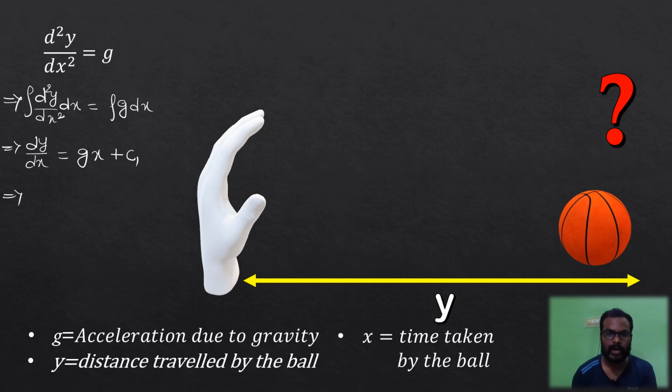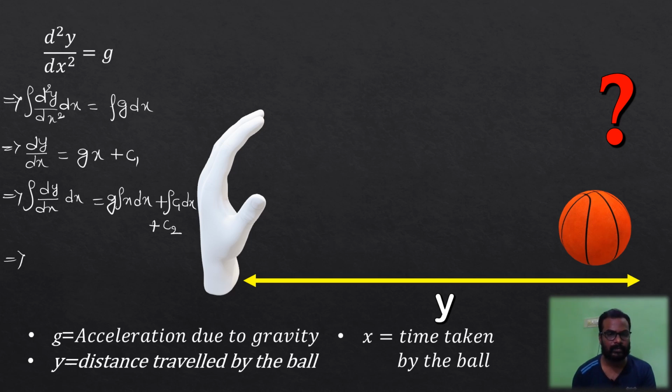Again one more derivative remains in this equation, so I am going to integrate on both sides. The integral of dy by dx with respect to x is equal to g times the integral of x dx plus the integral of c1 dx plus another integral constant, which I am taking as c2.